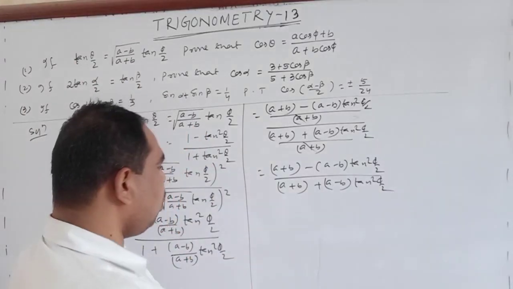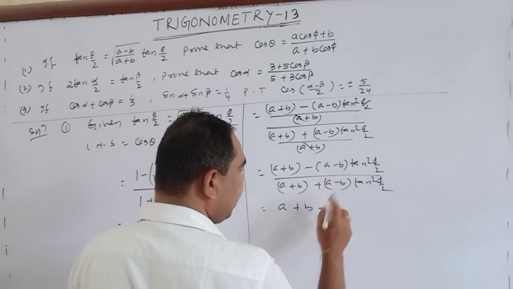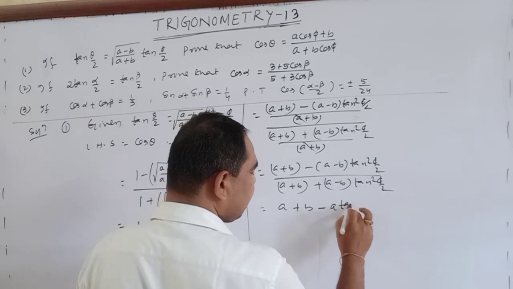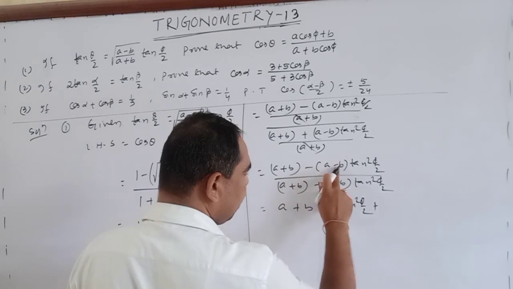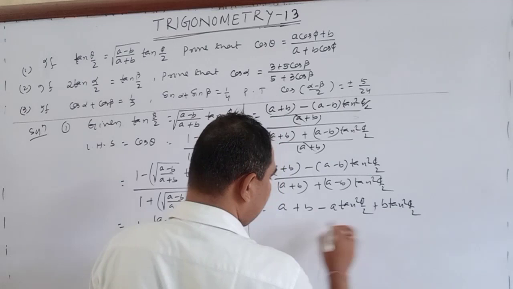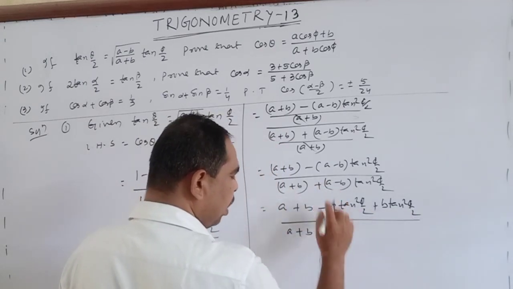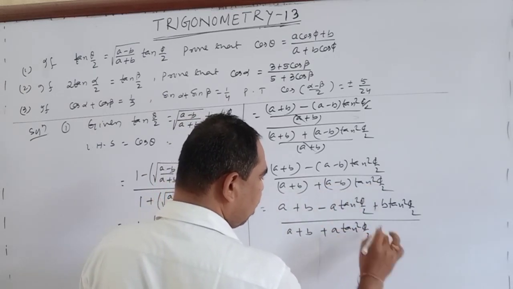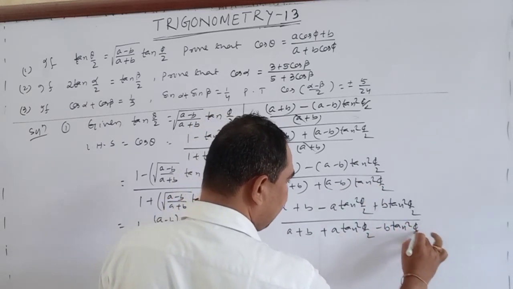So it is equal to a plus b minus, multiplying tan square phi by 2 with a: a tan square phi by 2, plus b tan square phi by 2, whole divided by a plus b plus a tan square phi by 2 minus b tan square phi by 2.